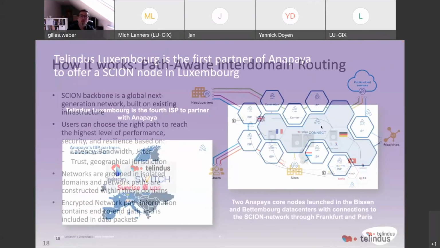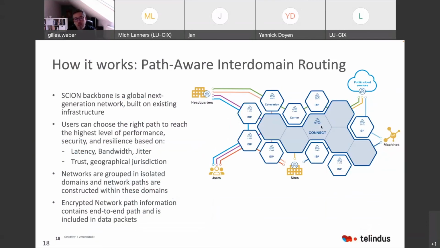So what is it? CIAN is a path-aware inter-domain routing network. To put it simply, it's the user who defines the path the packets are going to use. The user can define this based on latency, bandwidth, jitter, and geographical jurisdictions.